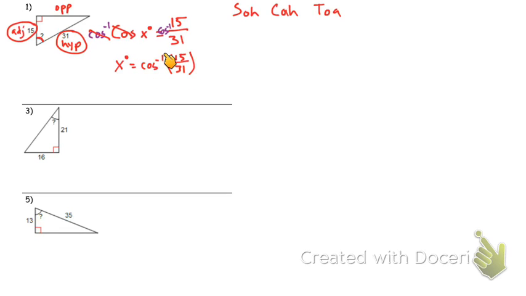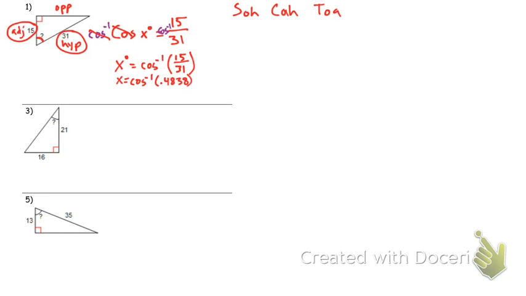But we want to go ahead and find the actual answer because we can't really comprehend this. So we're going to do 15 divided by 31. And the fraction turns into 0.4838.